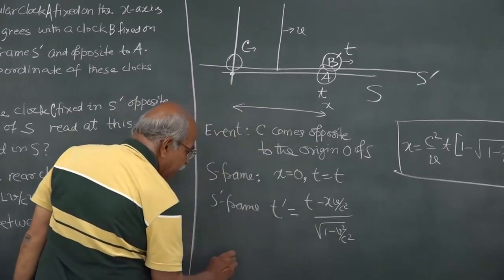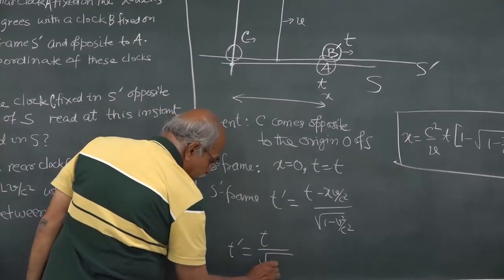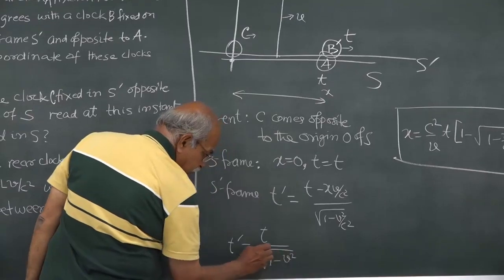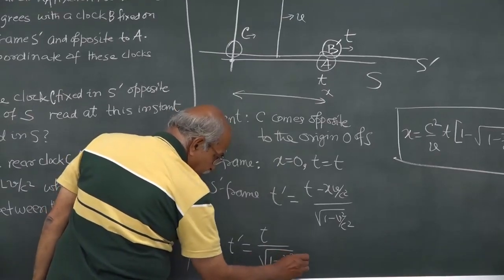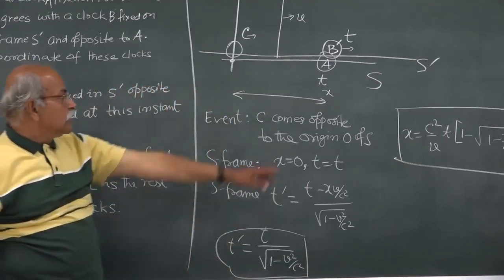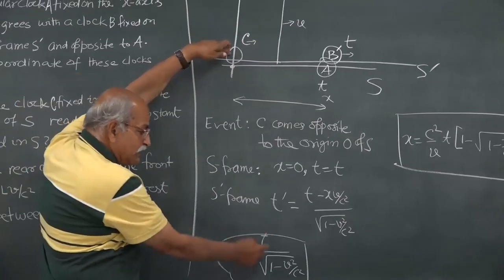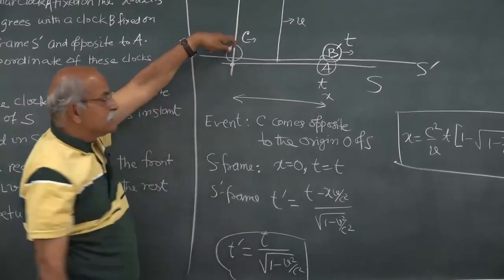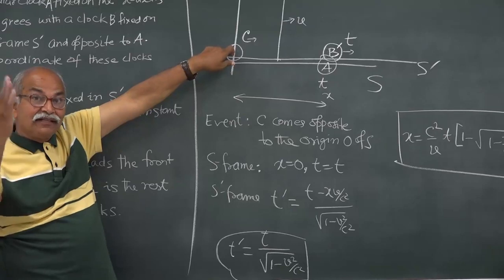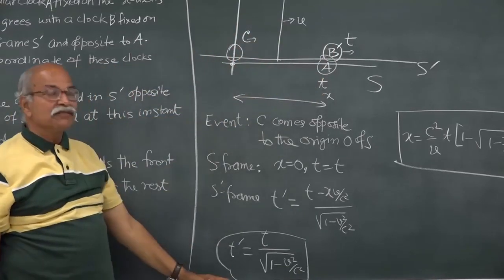So, t prime is t divided by square root of 1 minus v square by c square. So, this clock is reading t, and this clock is reading t divided by square root of 1 minus v square by c square at the same instant. At the same instant t, this reads t and this reads this much.